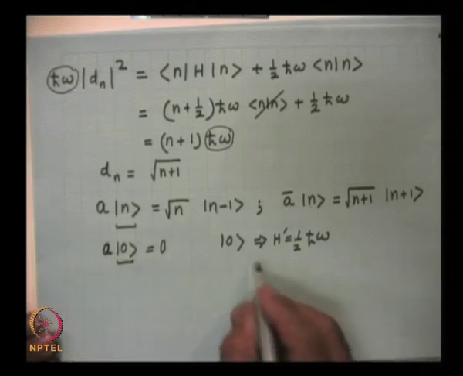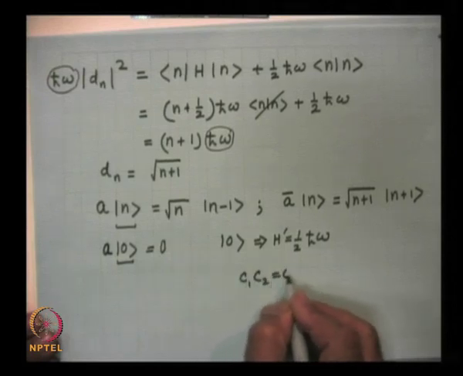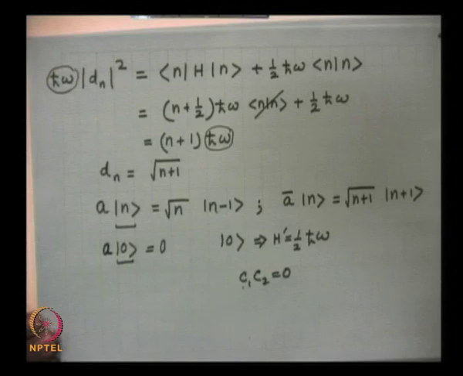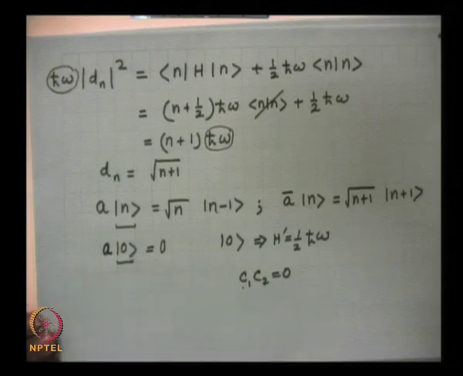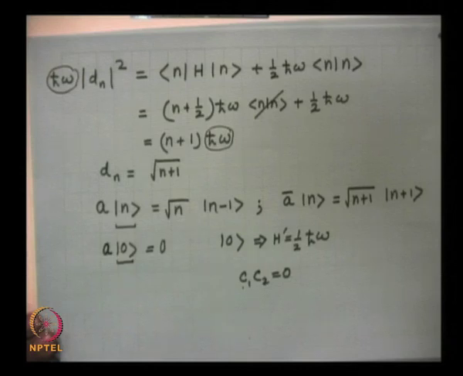You see, when I have two numbers, say C1, C2, if the product is 0, then we say either C1 must be 0 or C2 must be 0. But in operator algebra, this argument is not valid. Here A is a non-null operator, ket 0 is a non-null ket, but A operating on ket 0 is a null ket.